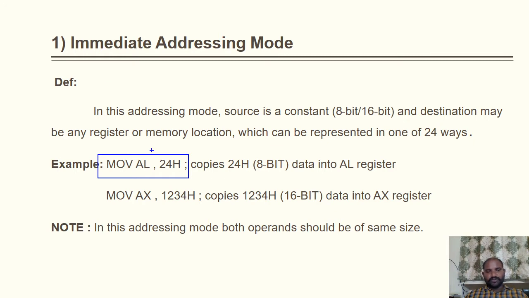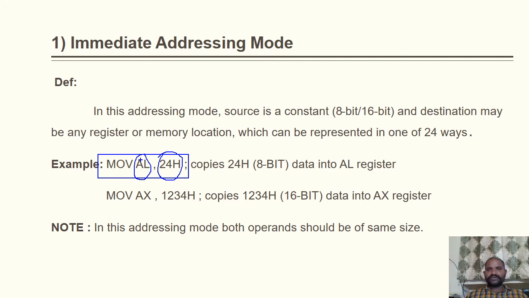In the immediate addressing mode, both operands, the destination and the source, should be of the same size. Whatever data you are trying to copy, if it is 8-bit data, then the destination register should be an 8-bit register only.